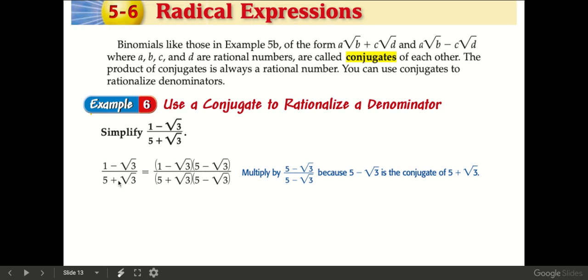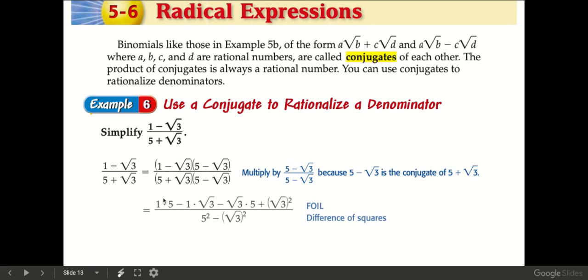So let's take a look at that. I would multiply it by its conjugate, which would be 5 minus radical 3. Now these are conjugates of each other, but I have to multiply the numerator and the denominator by the same thing.